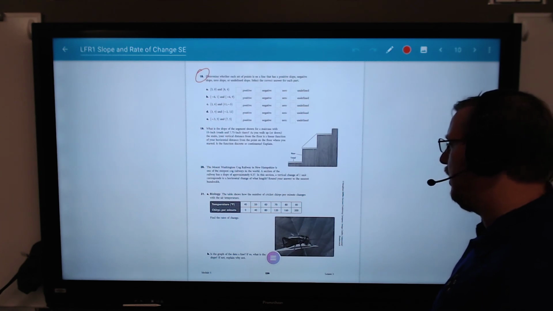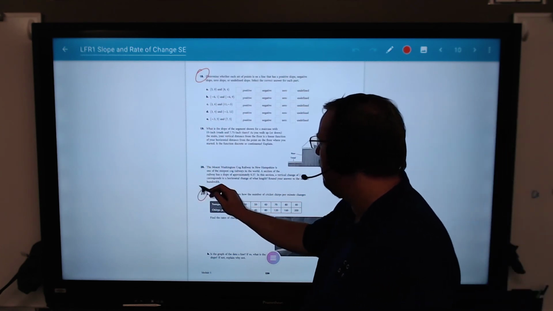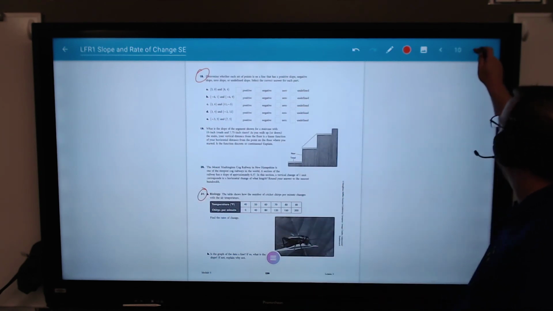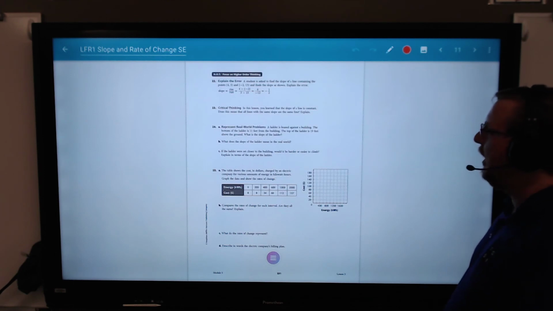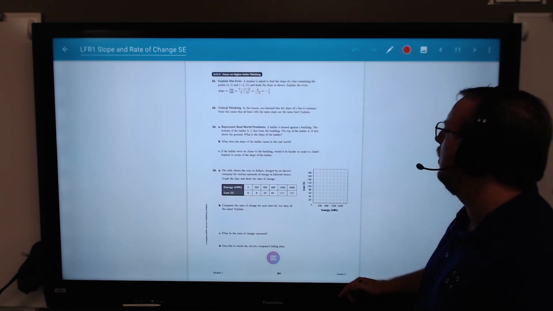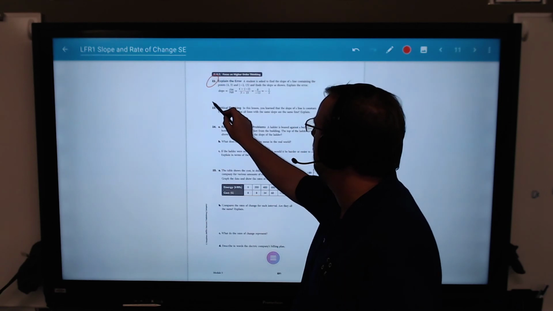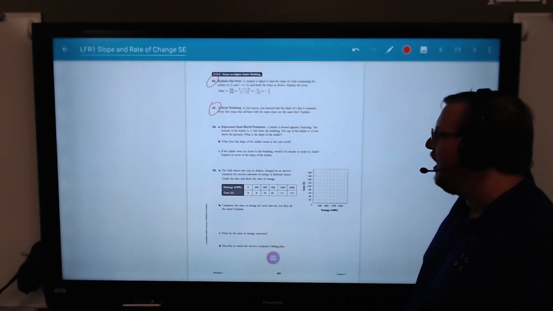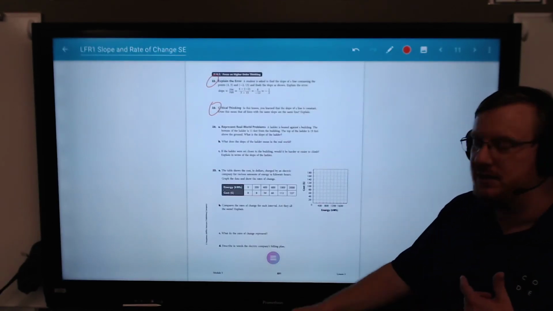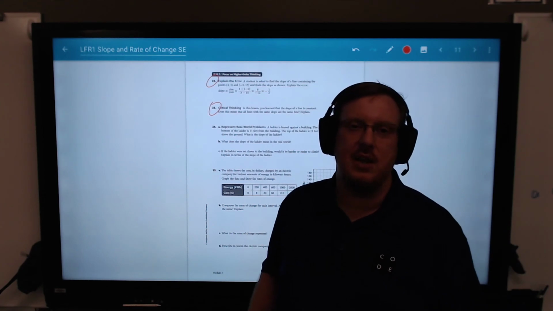I like number 21. We already had 18 on this page. And, ooh, 22 and 23. So if you're not sure which ones I assigned, just rewind it like 15 seconds so you can take a look at it.